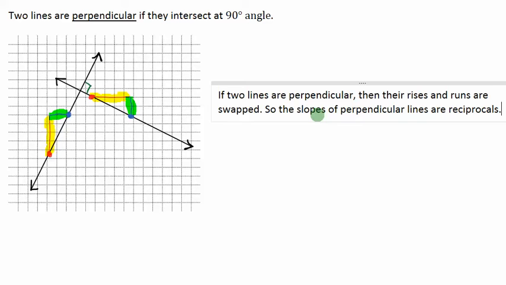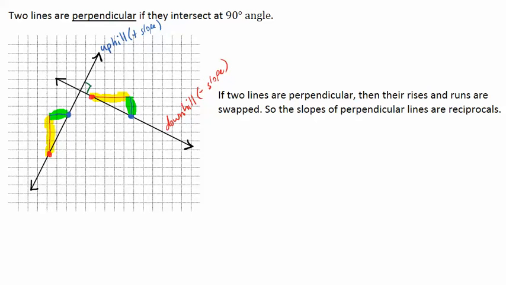Now there's something else going on here. This first line we looked at had an uphill slope, right? It's going uphill. The second line we looked at had a downhill slope. Well, we know what that means. An uphill slope means it's a positive slope. And a downhill slope means it's a negative slope. So not only are these slopes reciprocals, but they have opposite signs.